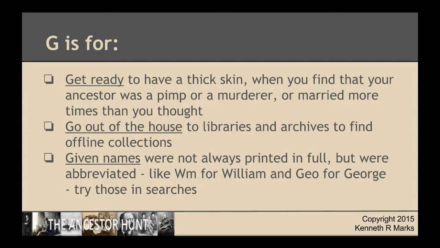The first search was George with the surname, and the second search was G-E-O with the surname. I found 50% more results with just putting in G-E-O. So this was a common thing to do in historic newspapers. You've got to try abbreviated given names because it will find you more articles.